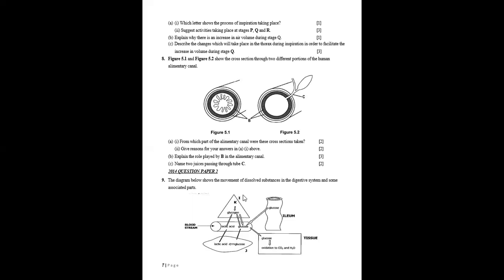So I is liver, then J is muscle tissue. Then we move on.